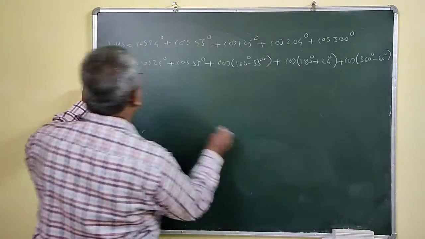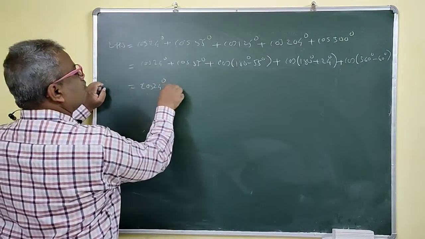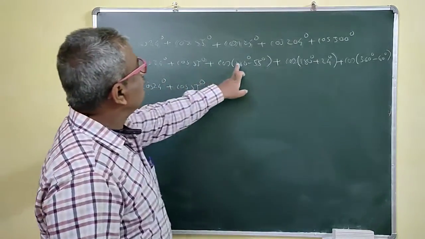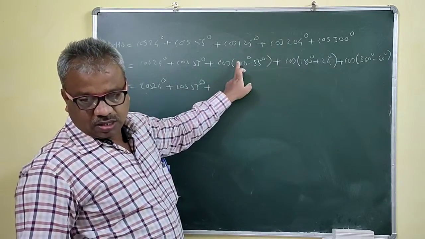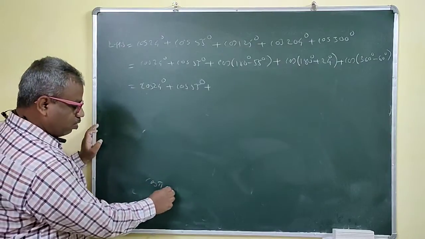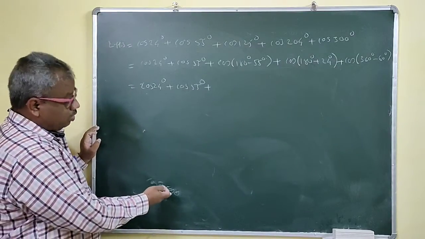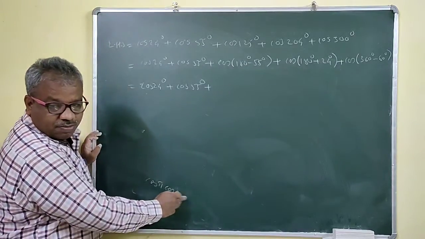So this is equal to cos 24 degree plus cos 55 degree plus, now this is cos pi minus theta. If you don't remember, just write cos pi cos theta plus sin pi sin theta, but sin pi is 0.